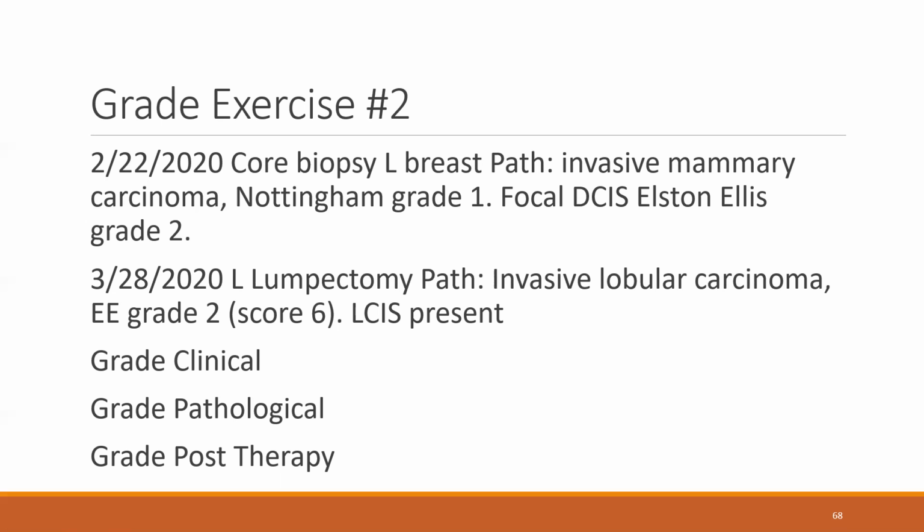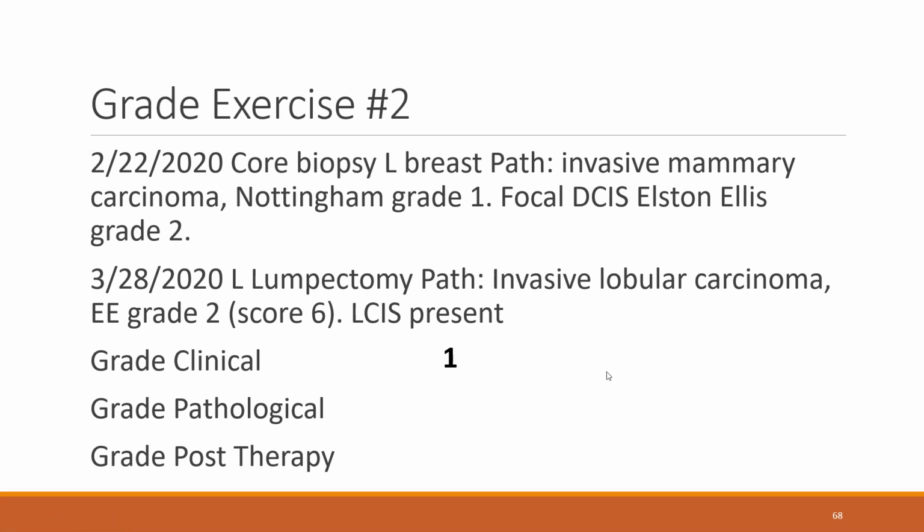So here we have in the biopsy, Nottingham grade 1. And then in the lumpectomy, we have Elston Ellis, which also means Nottingham, grade 2, with a Nottingham score of 6. So the clinical grade is going to be a 1 from the biopsy.